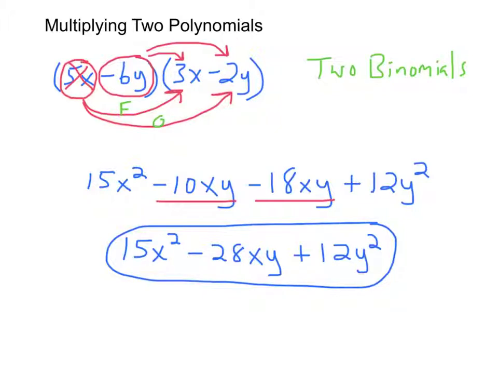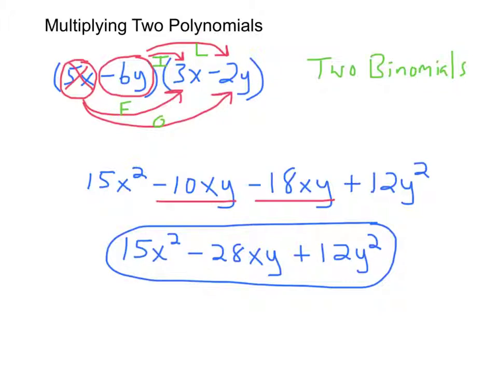And then we were finished with the 5x, so we moved on to the next term, negative 6y, and we distributed that onto the 3x. Now notice those are right in the middle, and they're often called the inners. So I'll label that with an I. And then we took the negative 6y times the negative 2y. That's the last term in the first one times the last term in the second one. So those are often called the lasts.